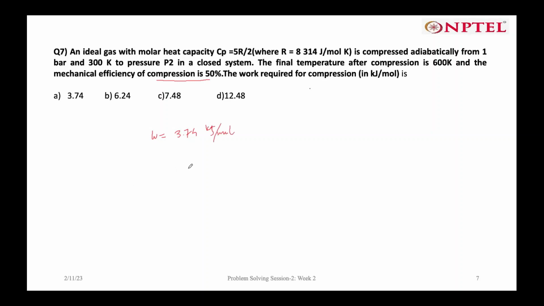Since the efficiency of compression is 50%, W required is equal to 3.74 divided by 0.5, which is equal to 7.48. Right. So we forgot the efficiency for the compression.